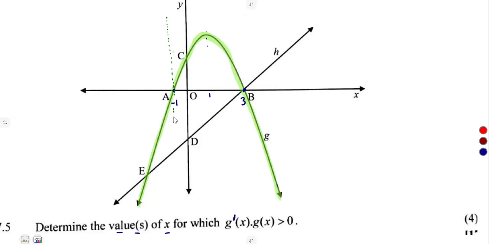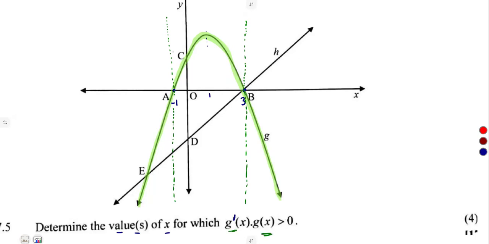So that is our critical value. All right. And also at B, which is also the x-intercept. That's another critical value that you are going to work with.